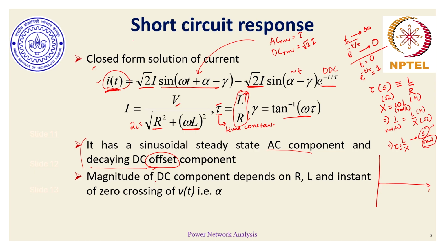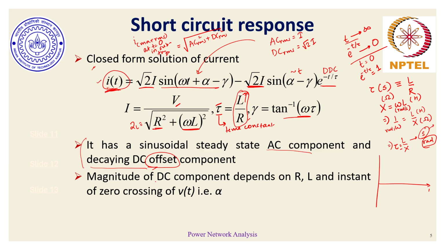And overall, if I have to find the maximum RMS value of I, which is the armature current or series RLC circuit current, at t equal to 0 in the subtransient period, this would be equal to the square root of AC RMS square plus DC RMS square. Remember, why do we need to square and add them up? RMS itself means root mean square.